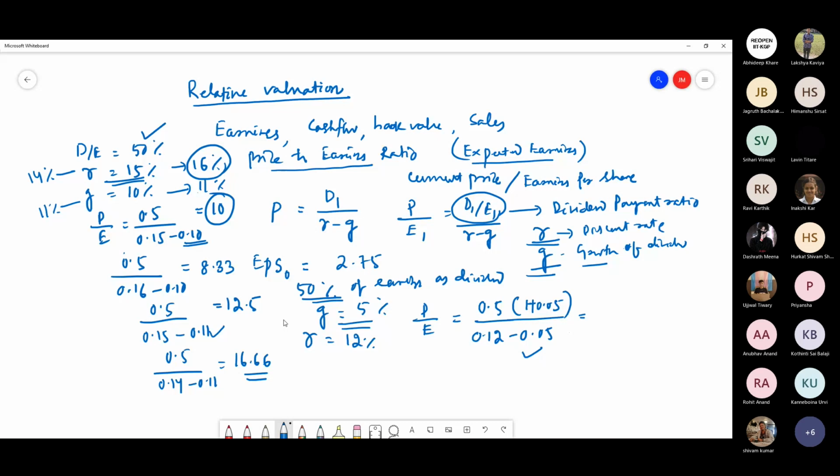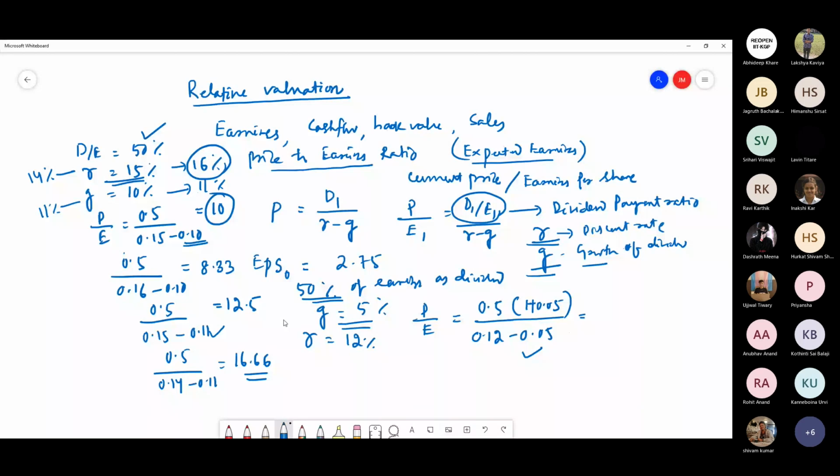Anybody? How do you interpret it? For example, the price earning ratio has become 16.66.